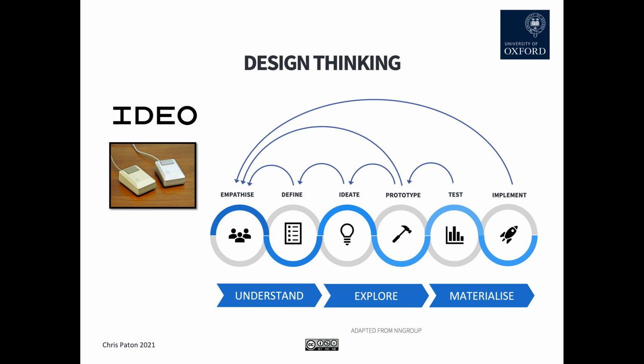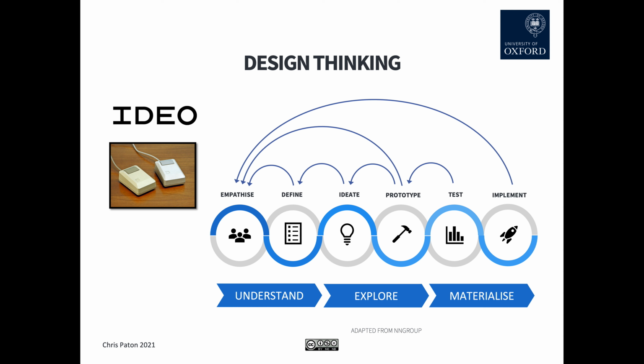So one of the original companies involved in human-centered design is called IDEO, and I think they came up with the first Apple mouse, but have been involved in many different consumer products over the years. And they have this process of doing human-centered design called design thinking. And this is quite a nice way of thinking about how you go through a process of making sure that the systems you're developing are going to work for the end users.